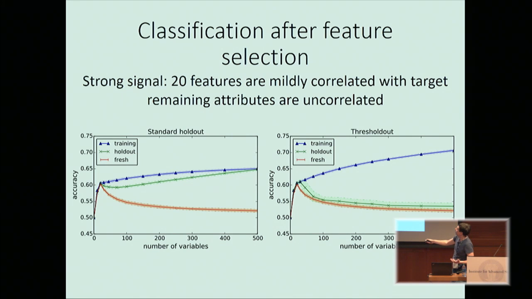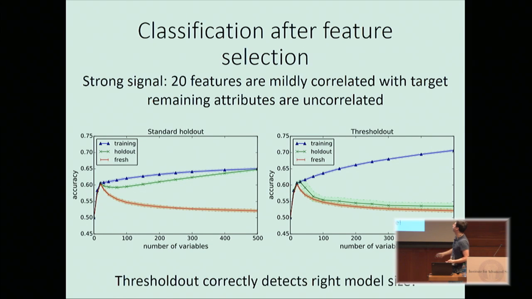And importantly, note that the error we estimate on the holdout set does not track the true error. However, when we run the same experiment with the reusable holdout method, of course, we overfit the training set, but the error estimated on the holdout set tracks the true error, and in particular, we correctly detect the right model size.